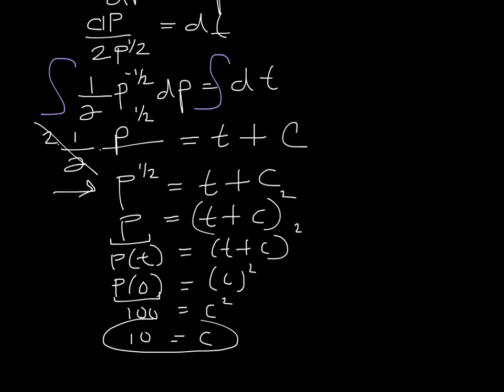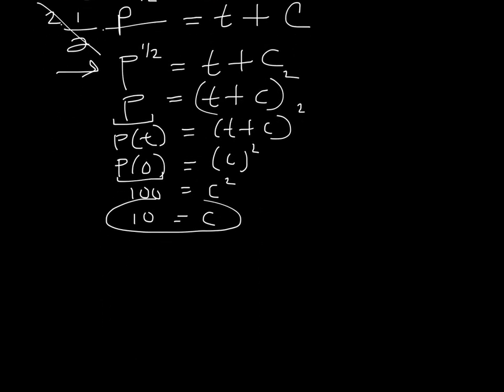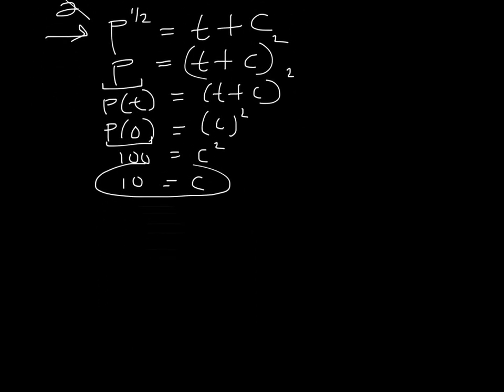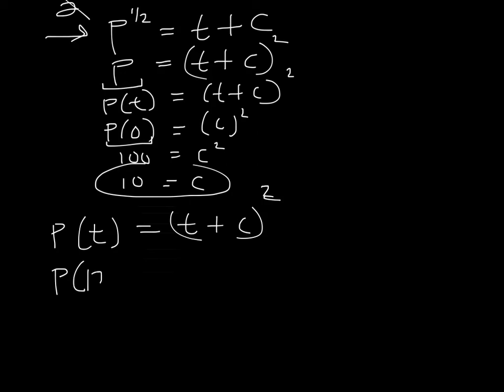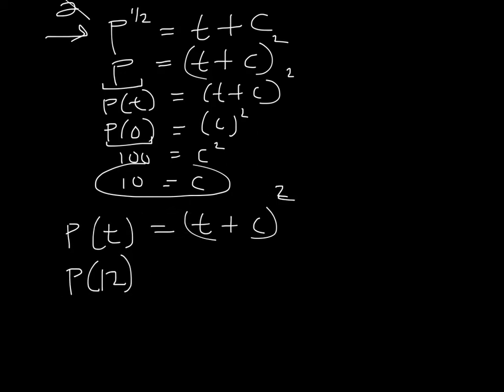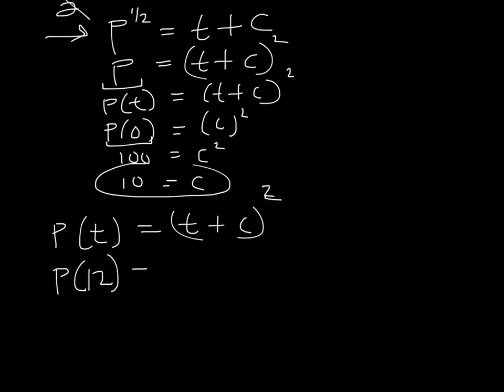We found our c, and now we have all the information to find P of 12. Let me write our population function. P of 12 is, t is 12, so 12 plus 10, which is 22 squared.